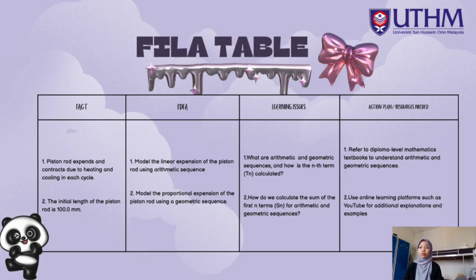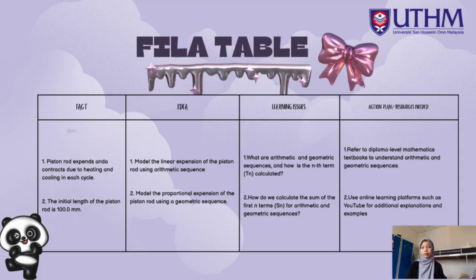The piston rod can expand in two ways. It can expand by a constant amount of 0.8 mm per cycle or by a constant ratio of 1.008 per cycle. The number of cycles involved is represented by n. Second, the idea: we model the expansion of the piston rod using arithmetic and geometric sequence.